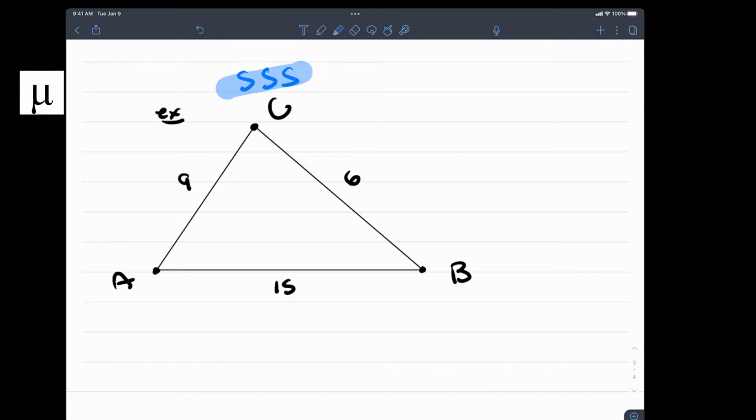So notice what they gave you. They gave you what? Side, what? Side.